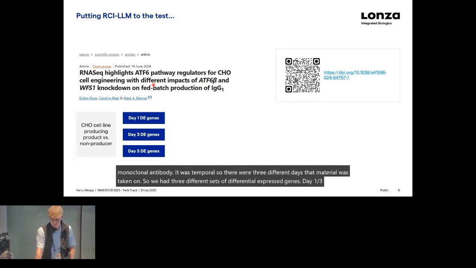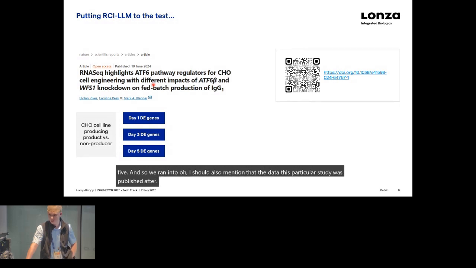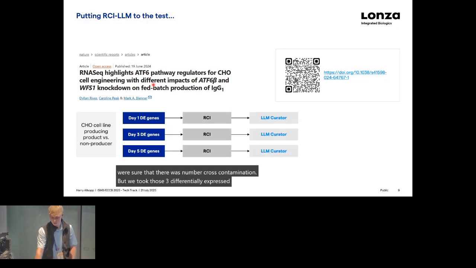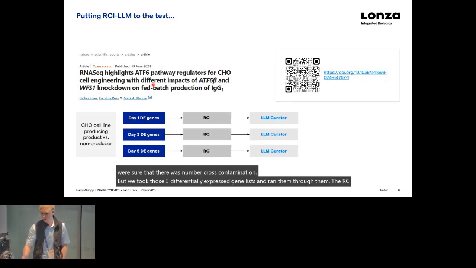I should also mention that this particular study was published after the LLM training window. And it's also not in any of the knowledge bases, EA or MSig. So we were sure that there was no cross-contamination. But we took those 3 differentially expressed gene lists and ran them through the RCI LLM curated pipeline.